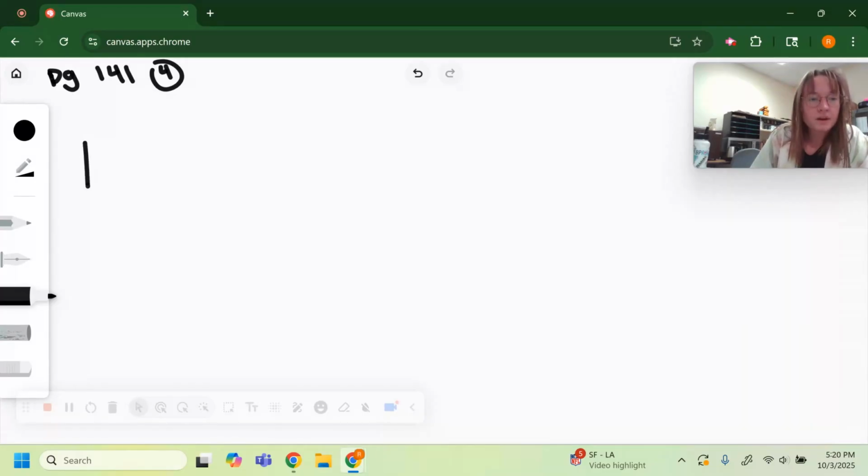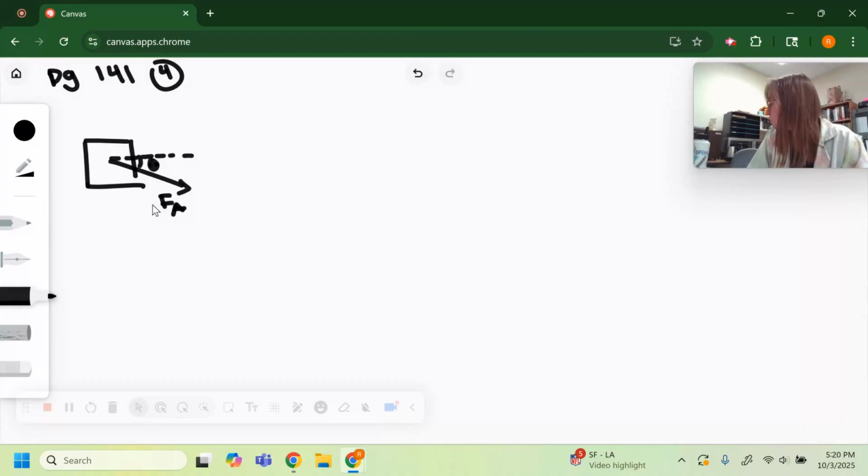When I draw a free body diagram, I have this box here. I'm going to start by drawing the force that the book described. It said that there's a force applied downwards at an angle theta of 35.2 degrees.